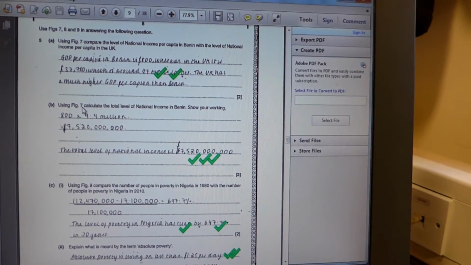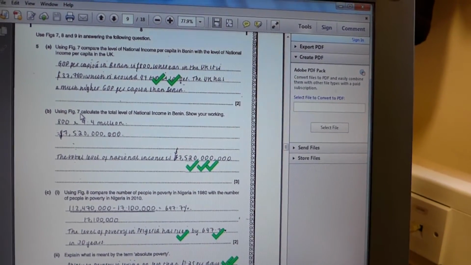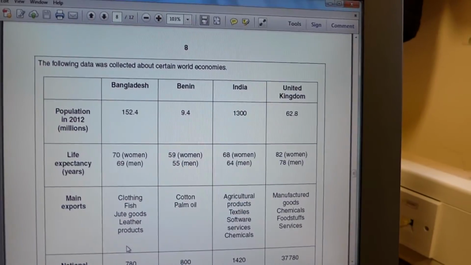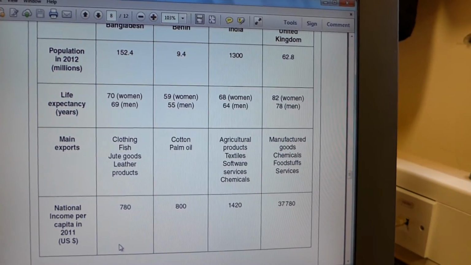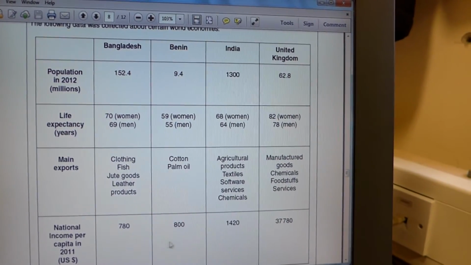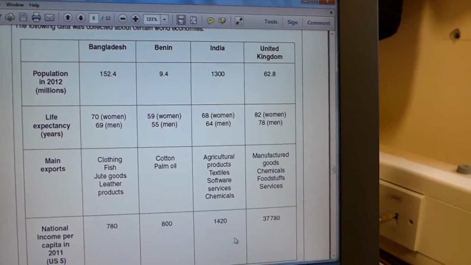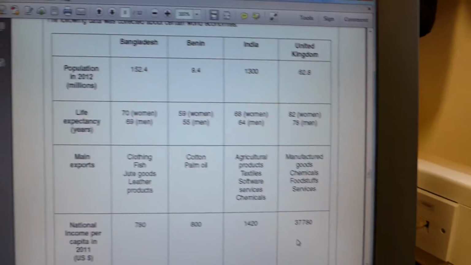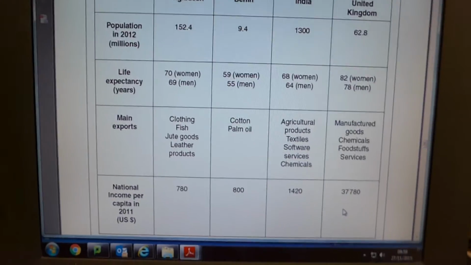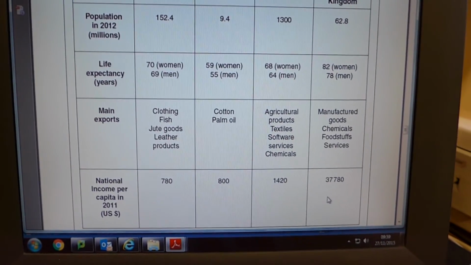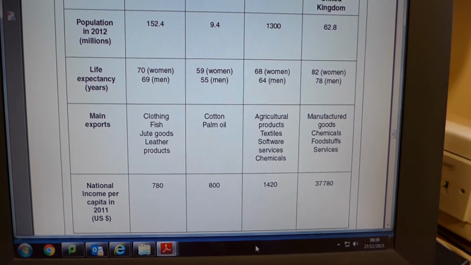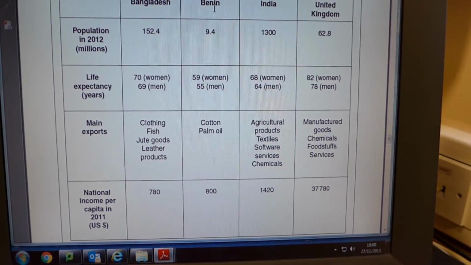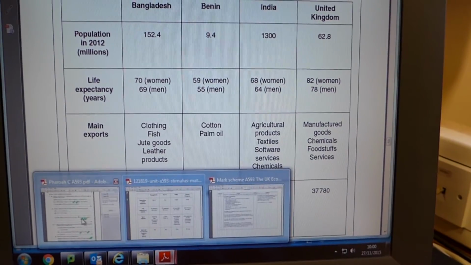So using figure 7, compare the level of national income per capita in Benin with the UK. It's not sufficient to just look at the national income per capita figures here, $800 compared to 37,780. You can't just read those off and expect to get the marks. You've got to do a calculation, and the calculation is simply to tell me how much greater the UK's GDP per capita is than Benin.